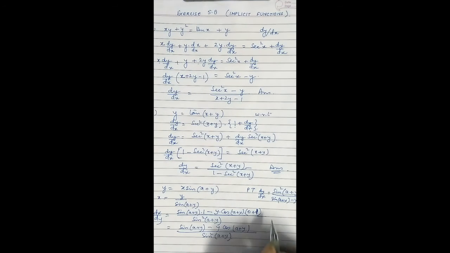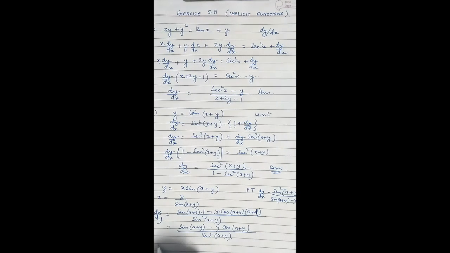Now see, I was supposed to prove what? dy by dx. But I have done what? dx by dy. So I can simply write the reciprocal of the left hand side and get my required statement.